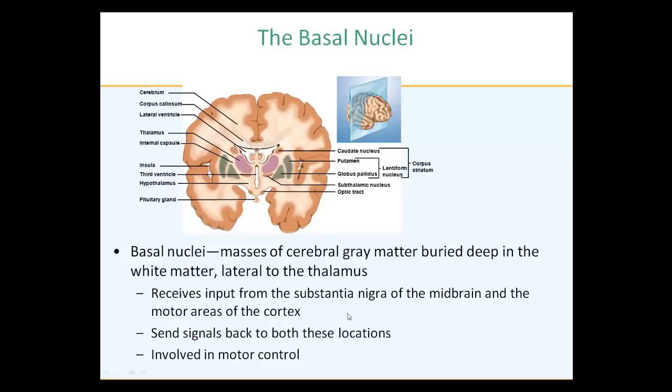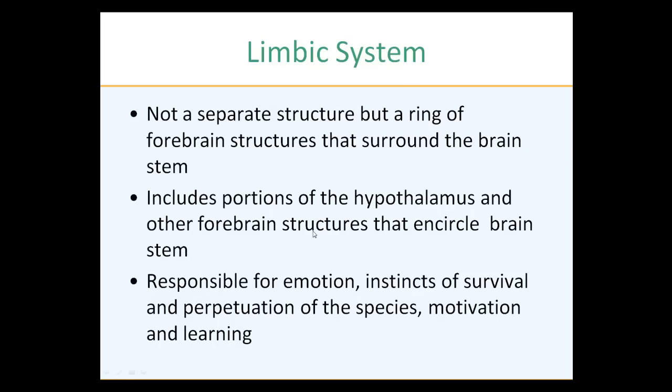They do receive input from the substantia nigra, if you remember the substantia nigra of the midbrain, and they send signals back, and they are involved in motor control. They are involved in regulating the tone of the muscles. And we know that these areas can be severely affected in diseases like Parkinsonism. We also know that the substantia nigra of the midbrain is also affected in diseases like Parkinsonism.